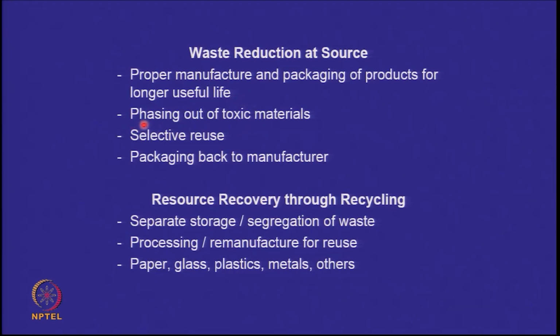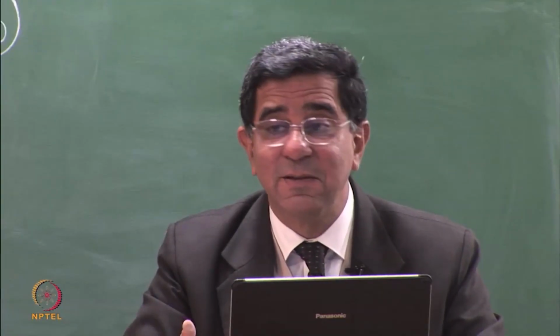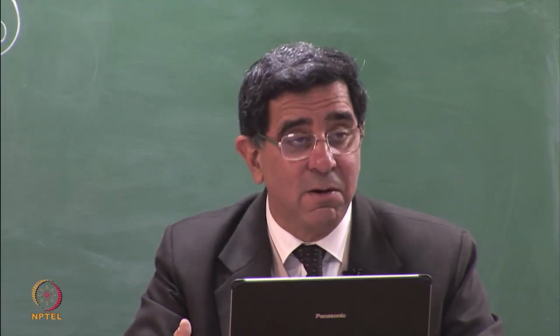The other thing is, you may go from toxic to non-toxic materials, or you may go from artificial to natural materials. Some of the herbal compounds, some of the organic farming compounds.